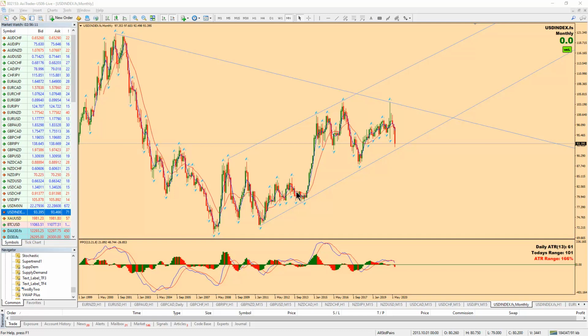This is a weekly outlook of the U.S. major pairs, currency pairs for the week of Sunday, August 2nd to Friday, August 7th.